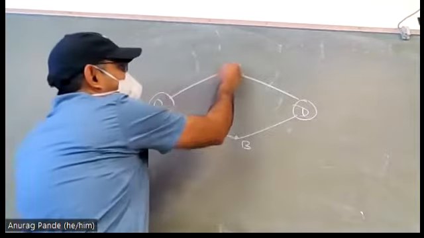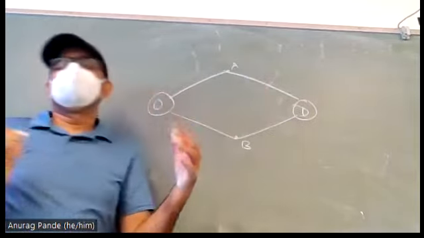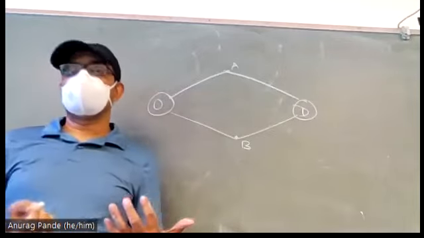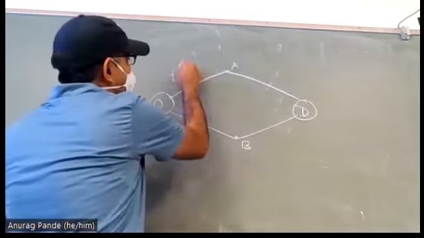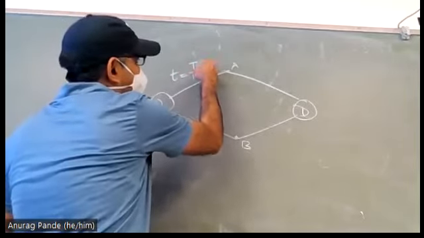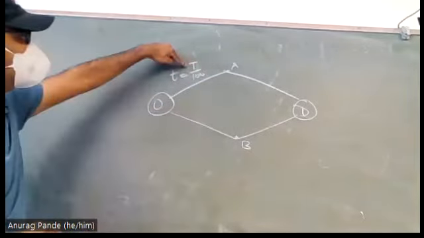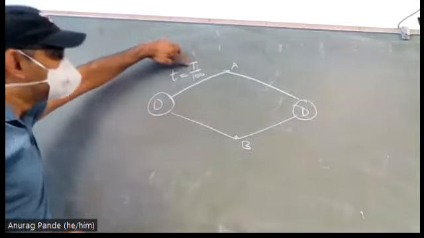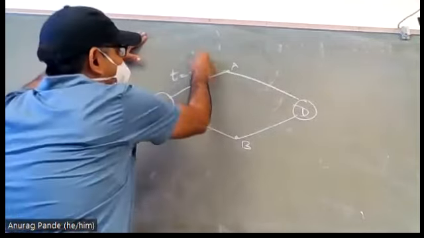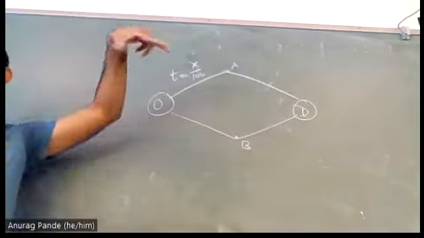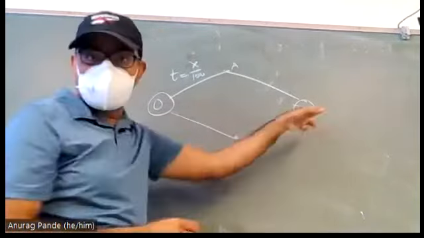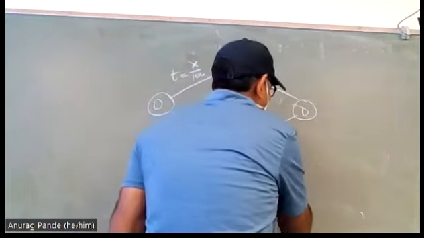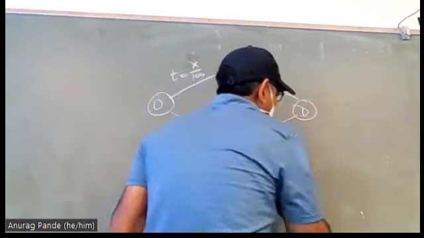And these links have their own link performance functions. So travel time on this link is capital T equals X divided by 100, where X is the flow on each route. And on this link also, the travel time is X divided by 100.